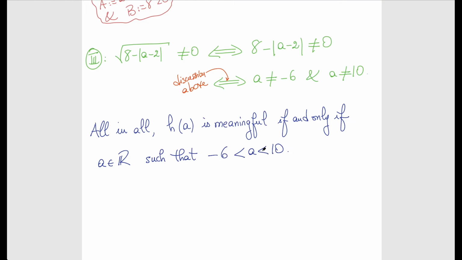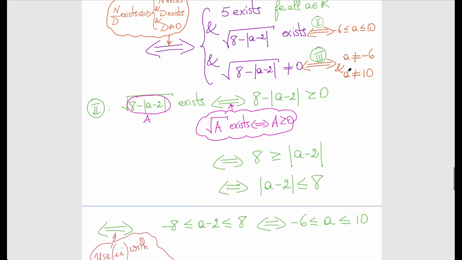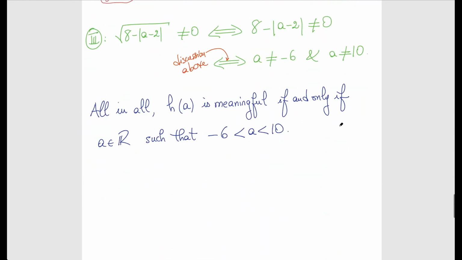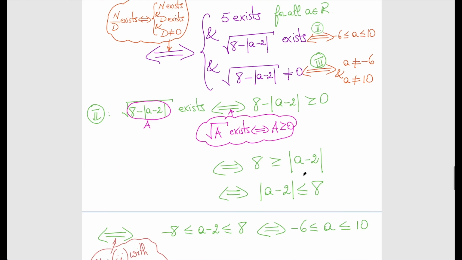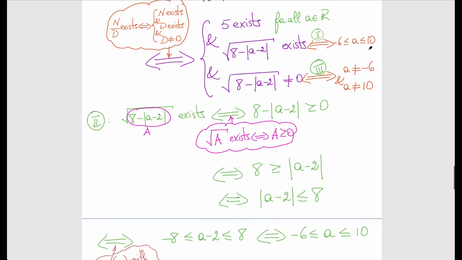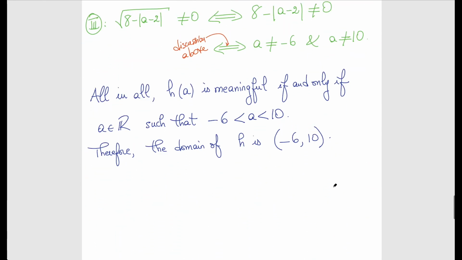Strictly between -6 and 10. Those endpoints by condition 3, by discussion 3, should not be there, right? So -6 and 10. So what's the domain then? So therefore the domain of H is the interval -6 to 10. Open, right? That's it. So by these 3 conditions, we can say that A should be between -6 and 10, excluding those endpoints. Okay? All right.